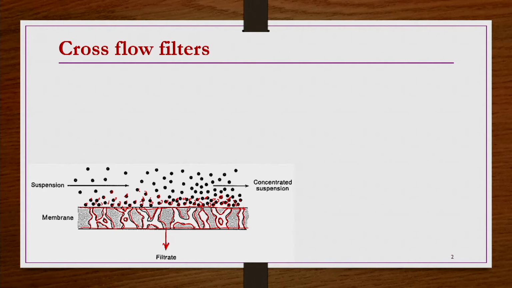But the particles being deposited on the membrane surface are not allowed to build up as a cake because of the high velocity of the suspension. And the concentrated retentate is collected as a concentrated suspension in the other direction, on the other side of the membrane. So, that is how we do it in general in cross flow filtration.